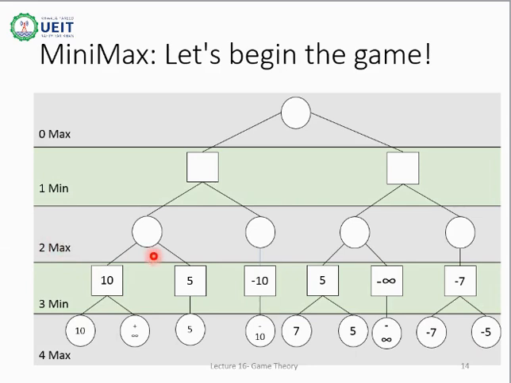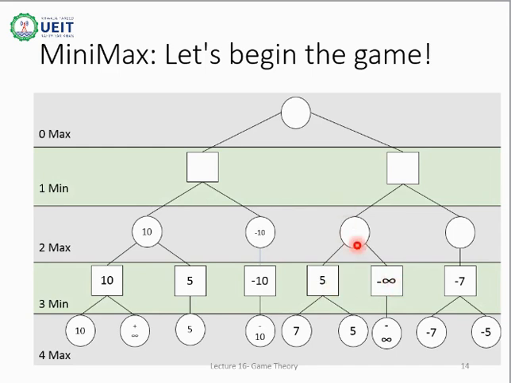At the max level, we will choose maximum values from all the successors. For example, this node has two successors, 10 and 5. Out of these two, we will choose the maximum. As 10 is maximum, 10 will get passed to the parent node. Minus 10 is the only successor of this node, thus minus 10 will get passed as it is. This node has two successors, 5 and minus infinity.